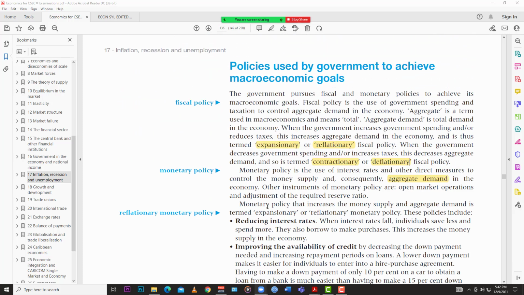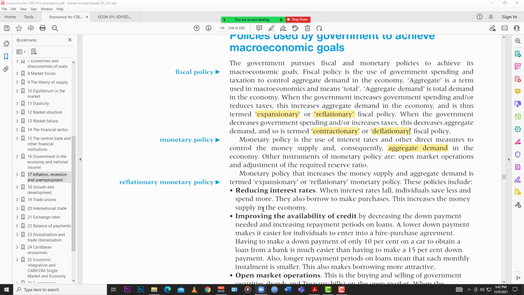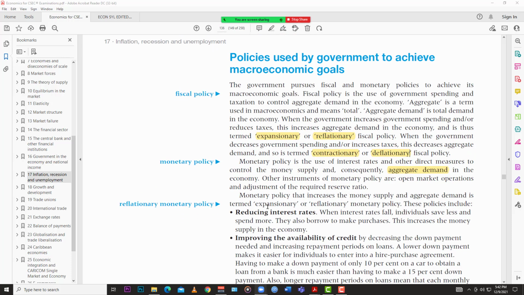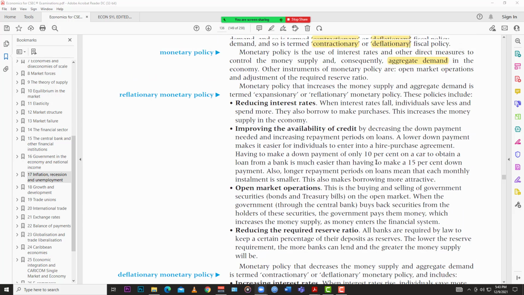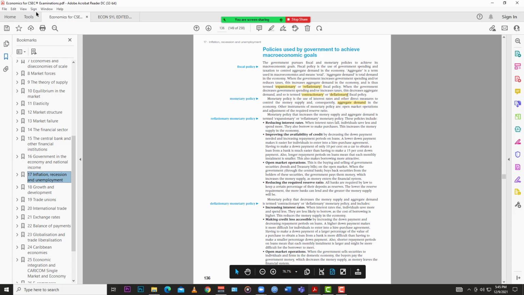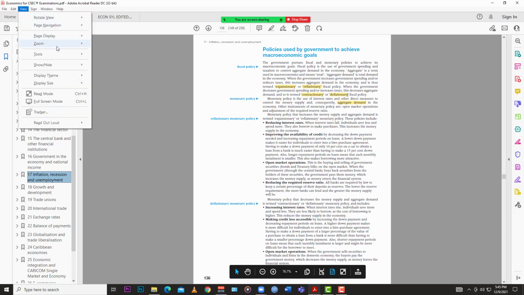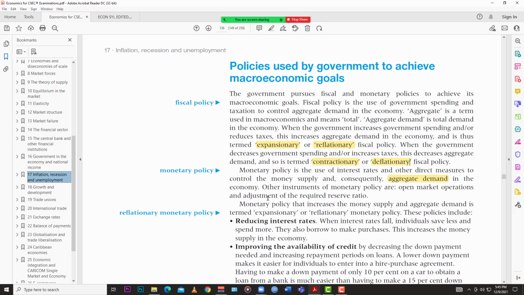So that is the two different policies that the government has at its disposal to try to achieve certain economic objectives. The tools in monetary policy would be interest rates, open market operations, and the reserve requirement.